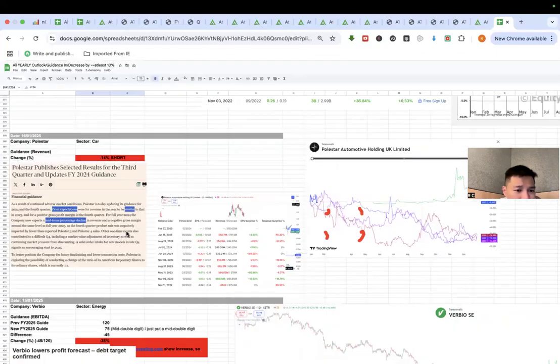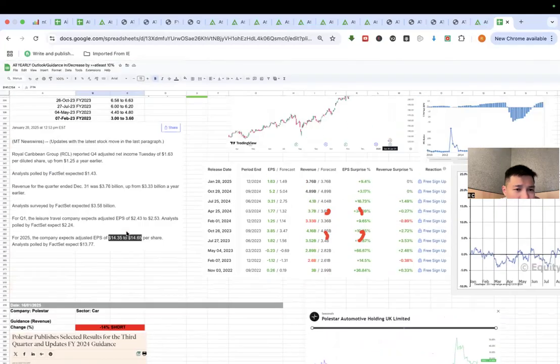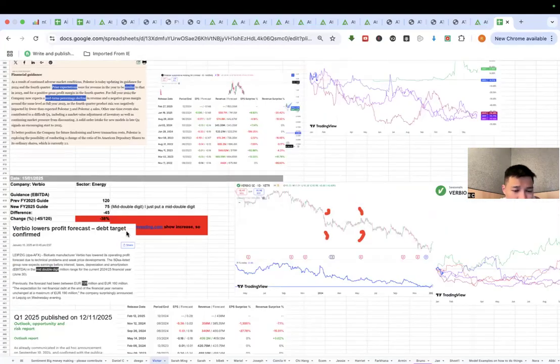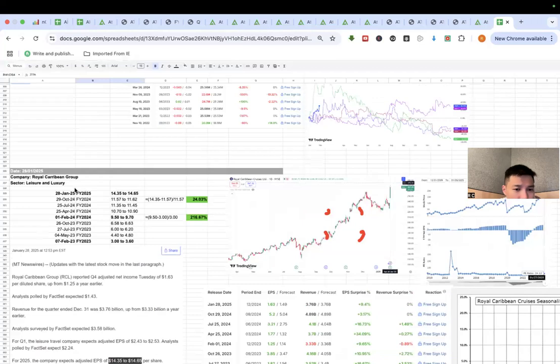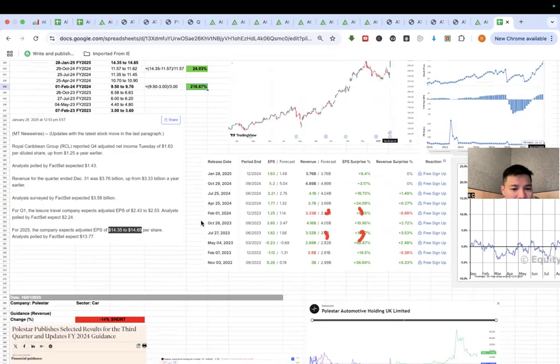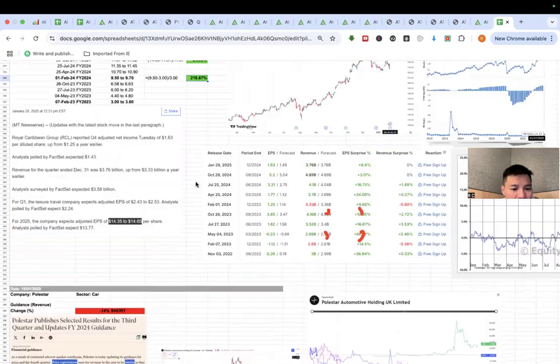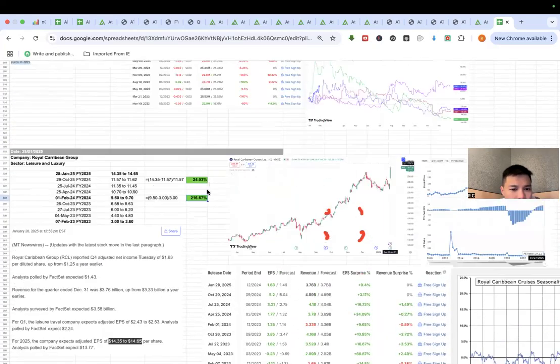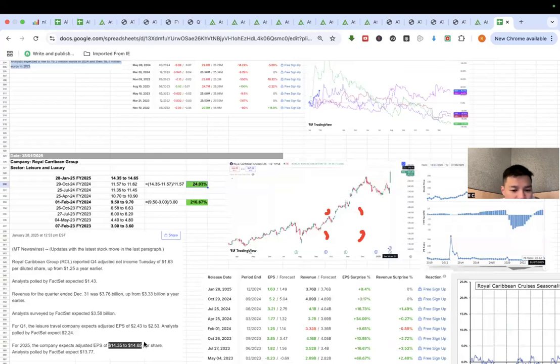Let me just try to find if there is anything short. Polestar. Yep, well, I think we have done it. Royal Caribbean, only 24%. Last time, 216%. So it's not a good time to buy now. Can you see? This is not the biggest.